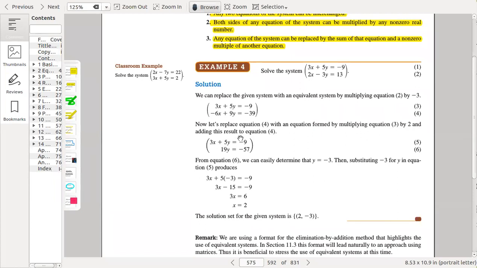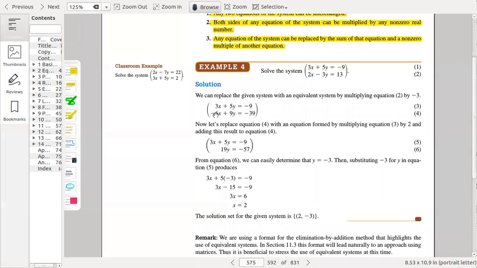So if we multiply equation 3 by 2, we have 6x plus 10y is equal to minus 18.